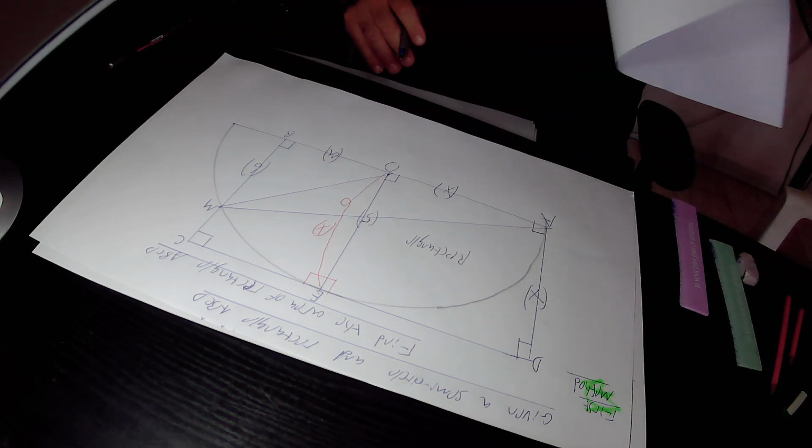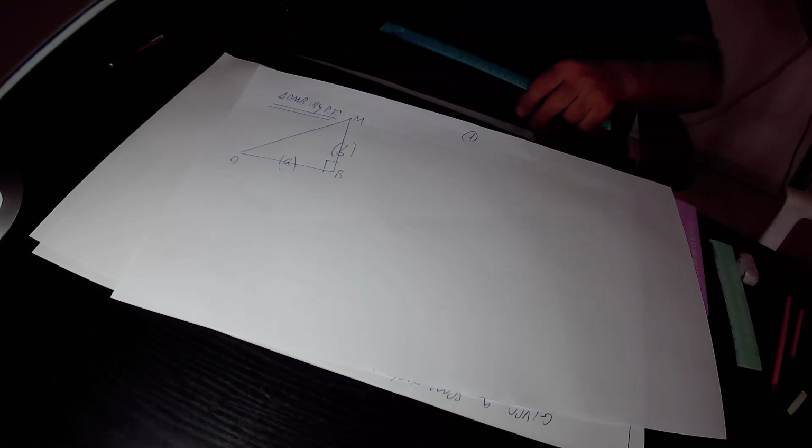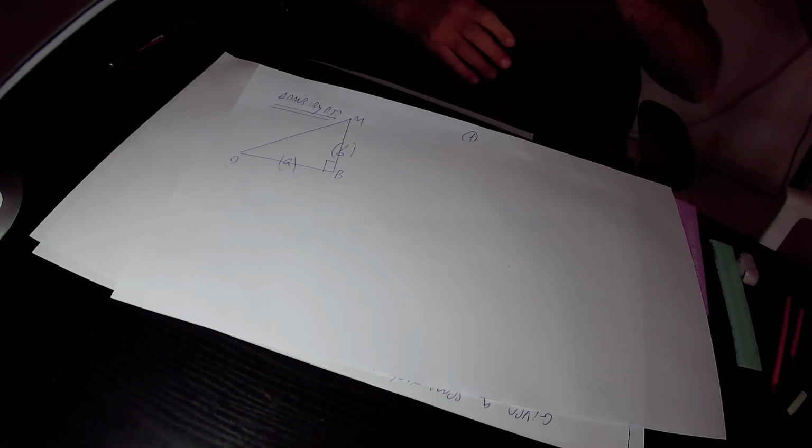So this is the right triangle OMB that is coming from the original drawing.